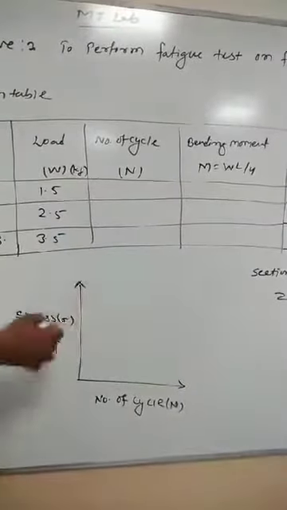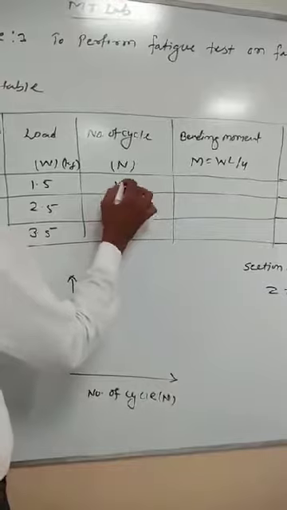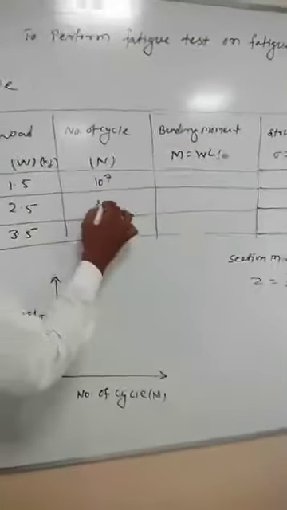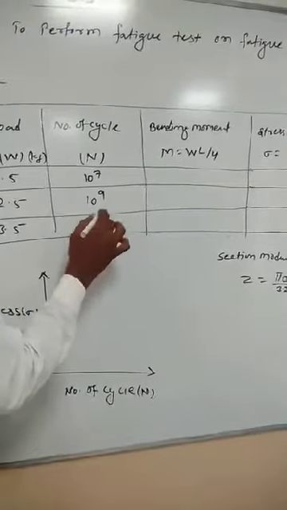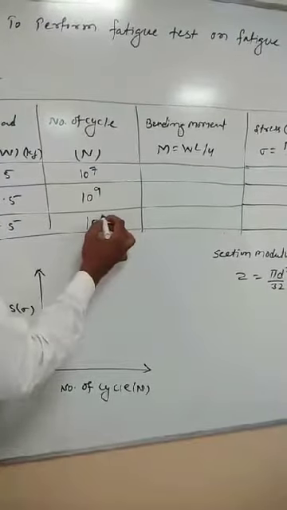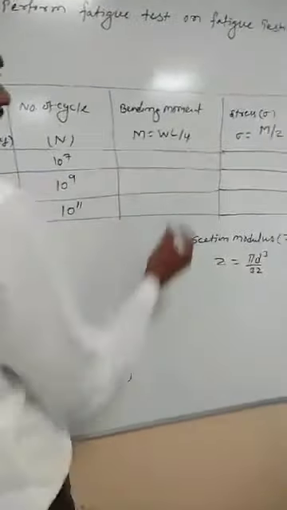Number of cycles, we note that on the machine. It may be 10 to power 7 cycles, 10 to power 9 cycles, 10 to power 11 cycles. Calculate the bending moment.